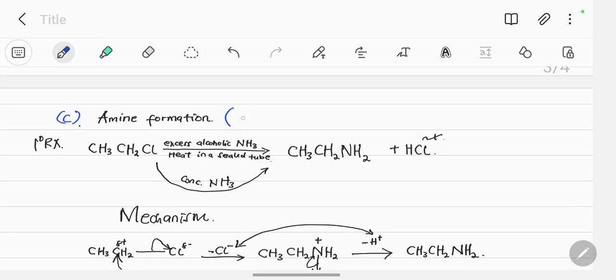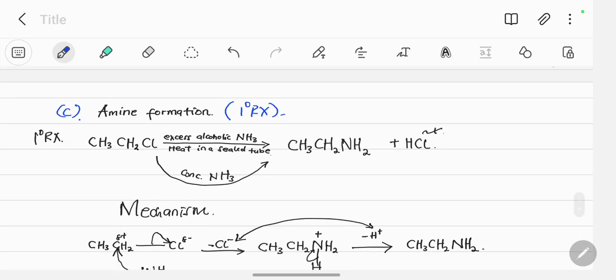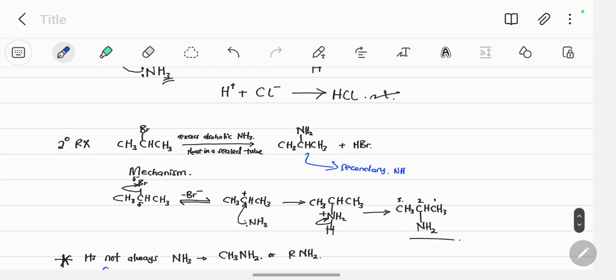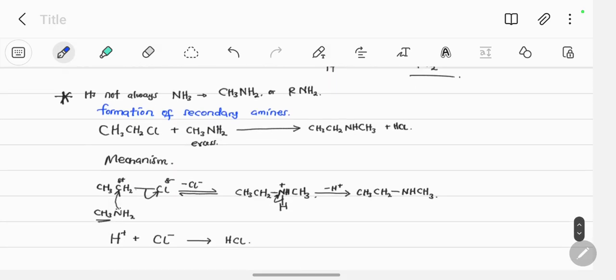So this one is primary amine. That X is going to be standing in for something else. Let us abbreviate it as RN, standing for the amine.